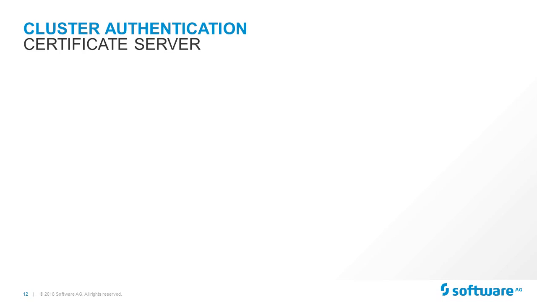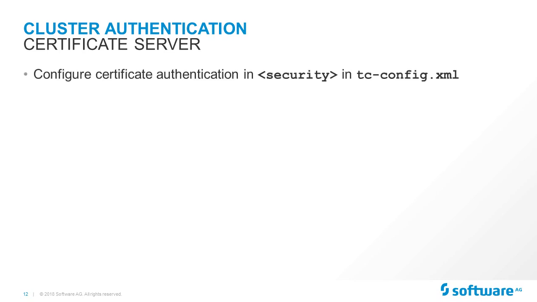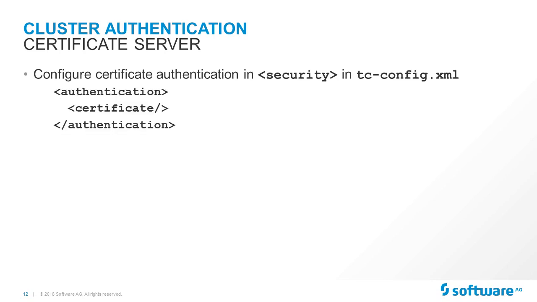On the server side, we can configure certificate authentication by putting an entry in the security tag inside tcconfig.xml, looking something like this. You can see we've specified the authentication scheme is certificate.